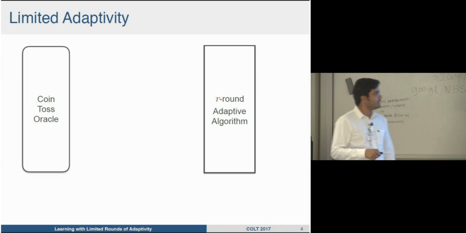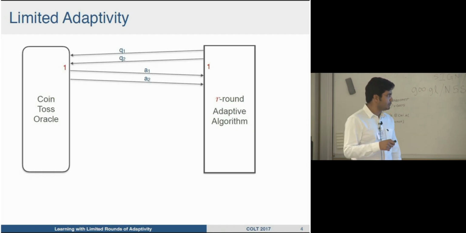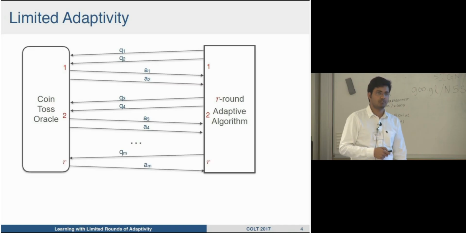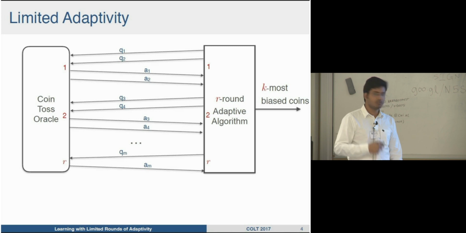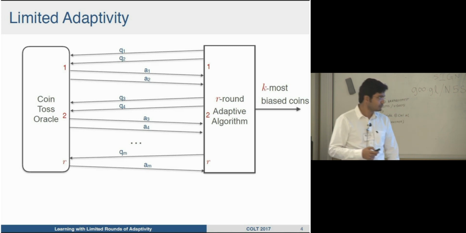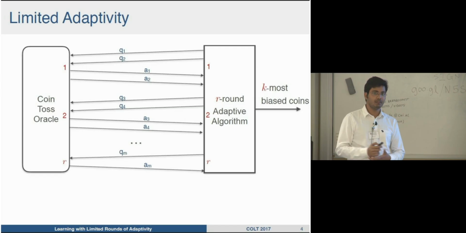In this framework, an R-round adaptive algorithm asks a bunch of queries in parallel to the oracle, and the oracle responds to these queries simultaneously. Based on these responses, the algorithm adapts and asks another set of queries in parallel. And this goes on for R rounds, after which the algorithm is confident that it has identified the k most biased coins.